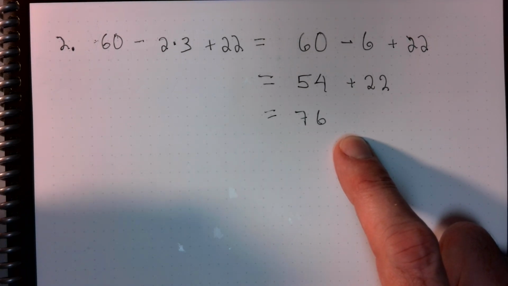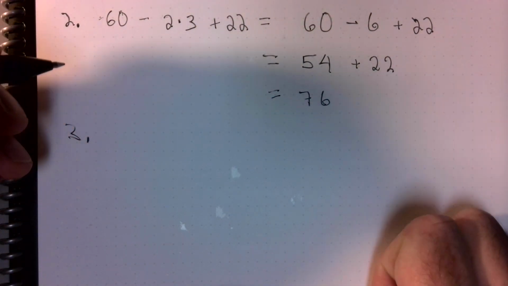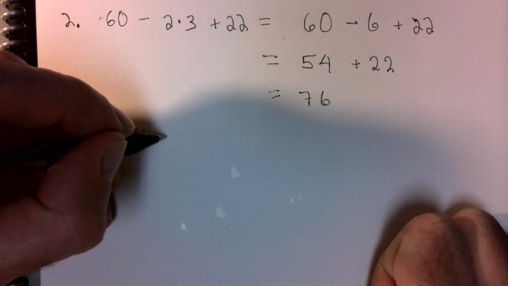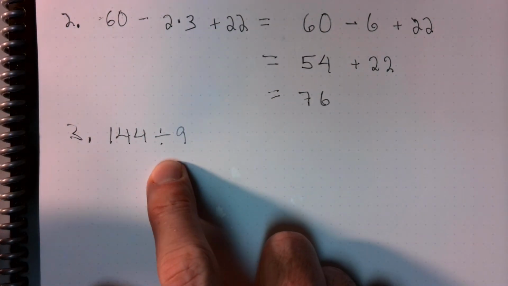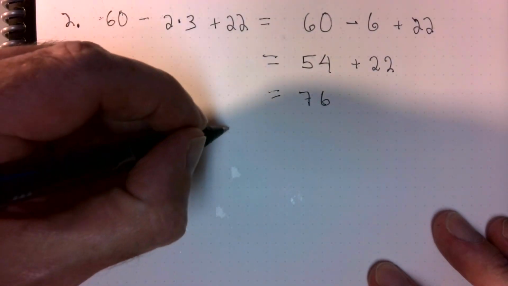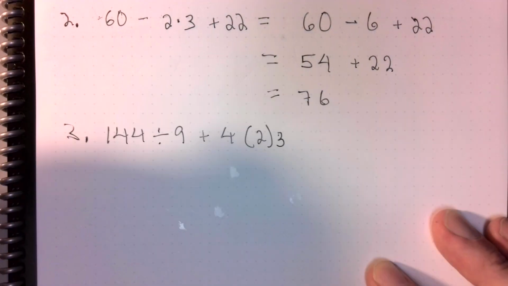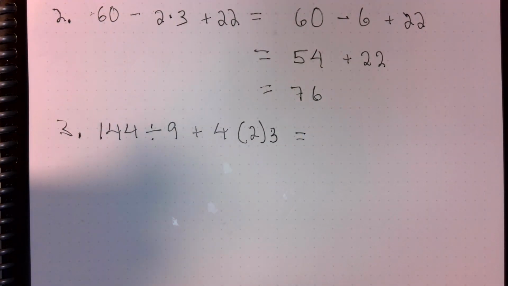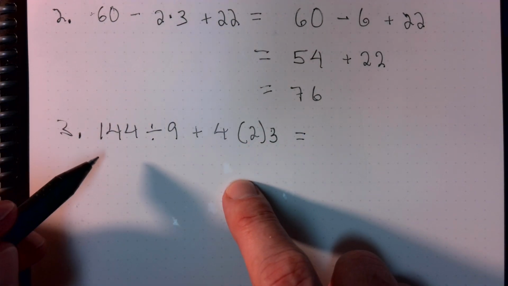Similar problem here. Let me do example number 3. 144 minus 9. Oh no, not minus 9. That's a division symbol. 144 divided by 9 plus 4 times 2 times 3. Okay, so I notice I've got some divisions and I've got some multiplications.